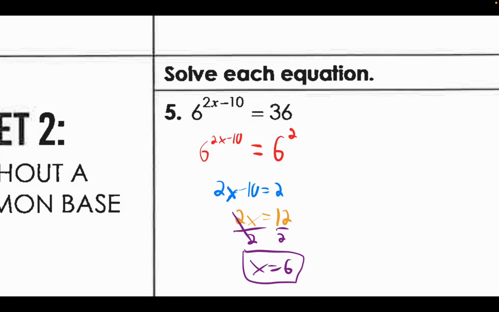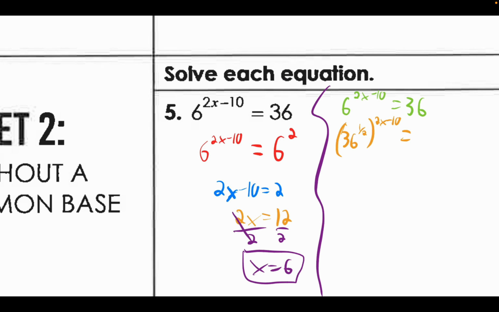Now, you could, if you wanted to, from the original part of this problem, change the other base of 6 to 36. How you would do that is this is secretly 36 to the exponent of 1/2. It's really the square root of 36, which is the exponent of 1/2, and then that is to the power of 2x minus 10 still.